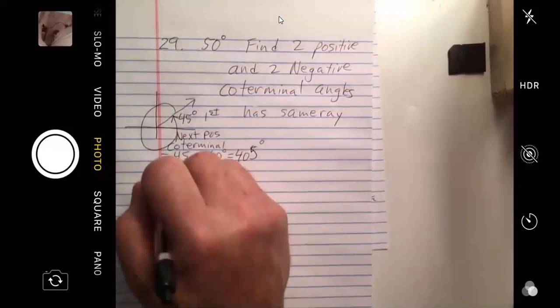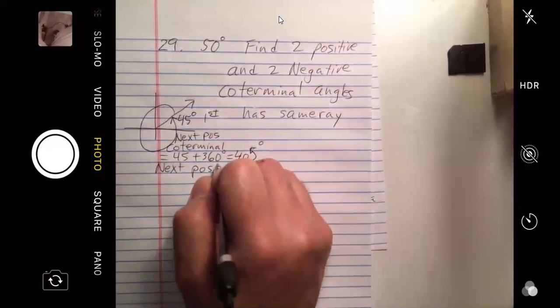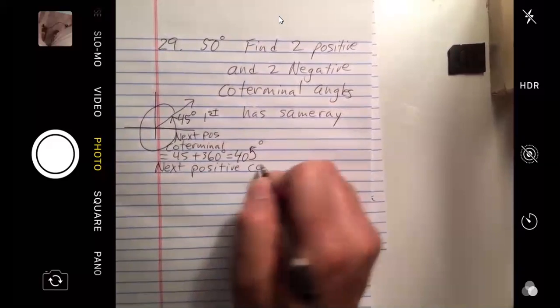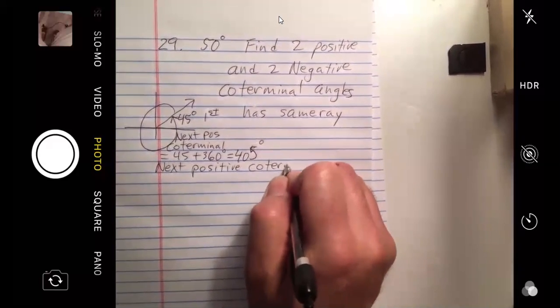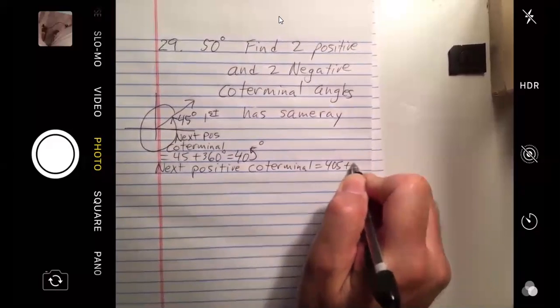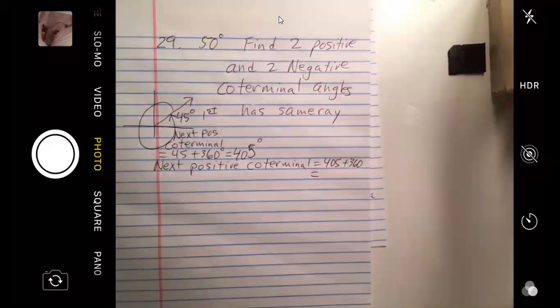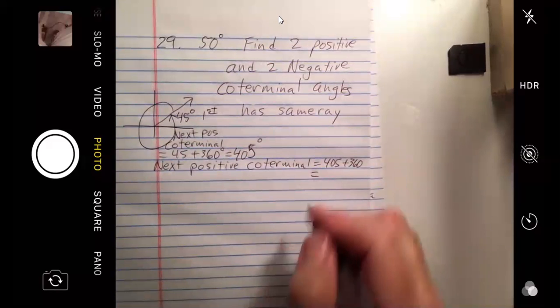The next positive coterminal, I go 405, add another 360, 765.